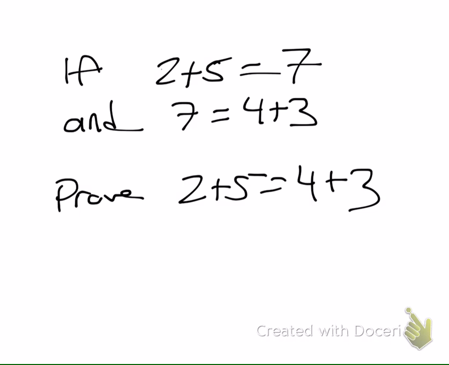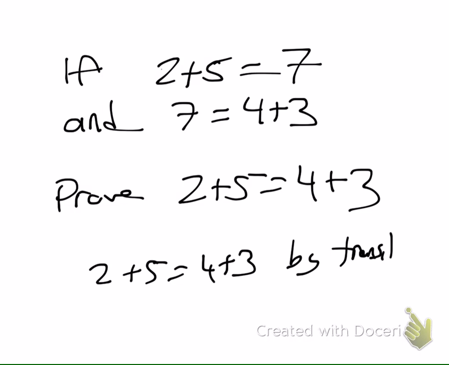You would say 2 plus 5 equals 4 plus 3 by the transitive property. That's the definition: if the first and second thing are equal and the second and third thing are equal, then the first and the third thing are equal.